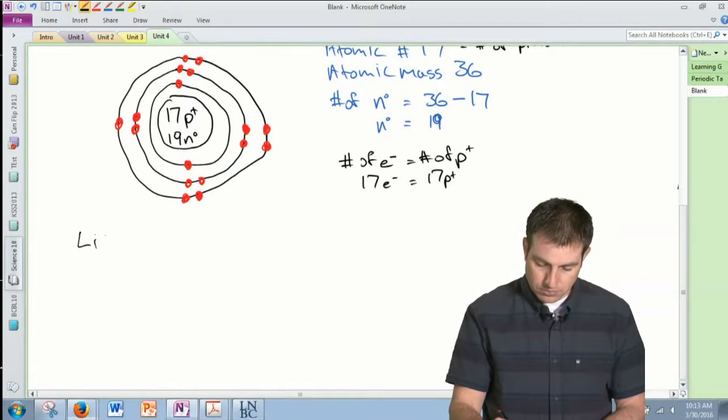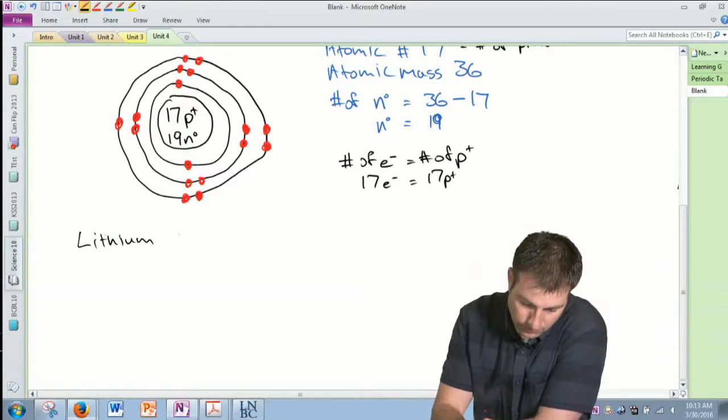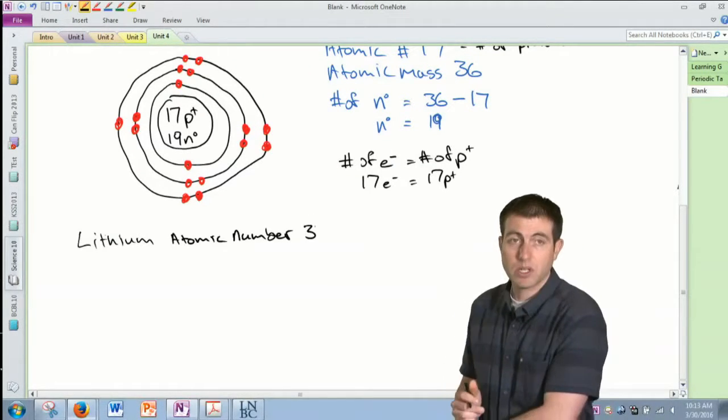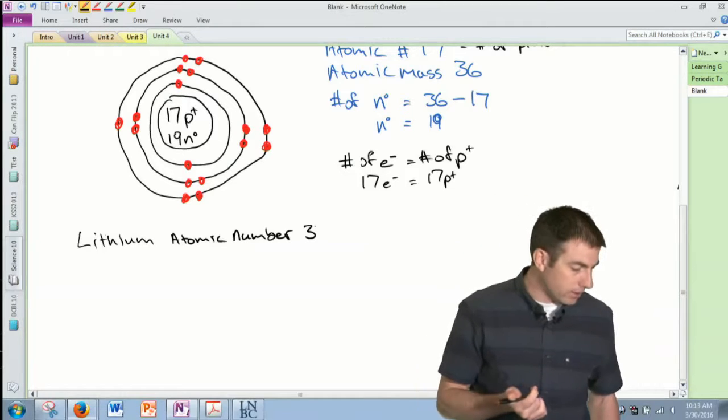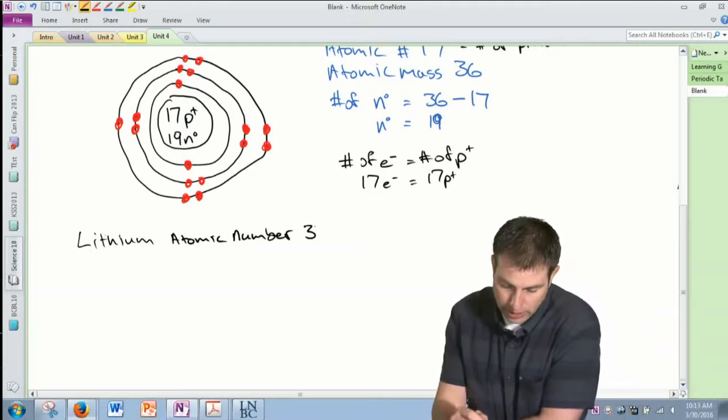Lithium is element number 3 on the periodic table. All right, so atomic number is 3, and its atomic mass is 6.9.